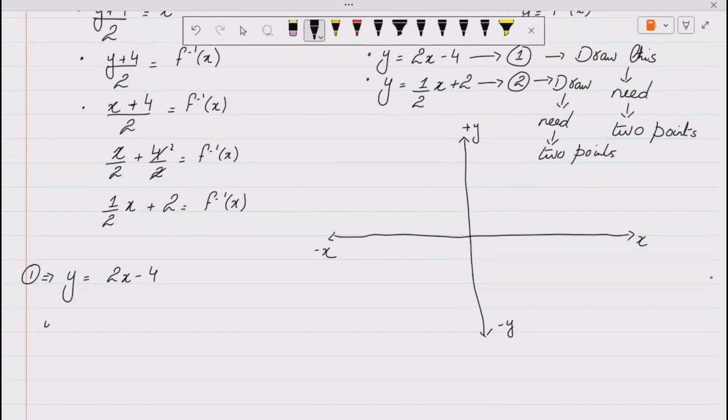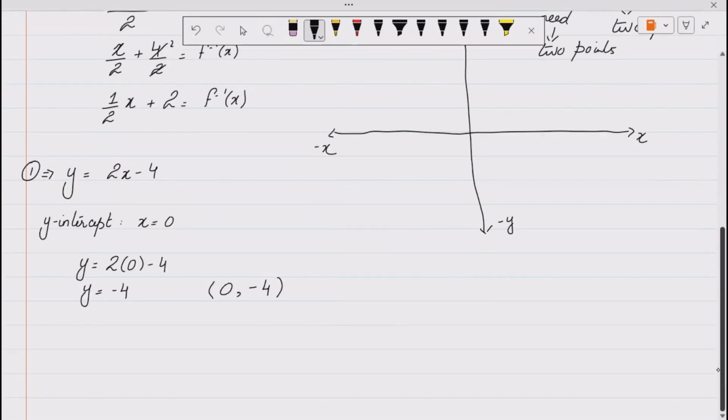So let's do the y-intercept. Y-intercept means x equals 0. We put x equals 0 in the equation, so y equals 2 into 0 minus 4. It means y equals minus 4. So we put x as 0 and got y as minus 4. So we got our first point.